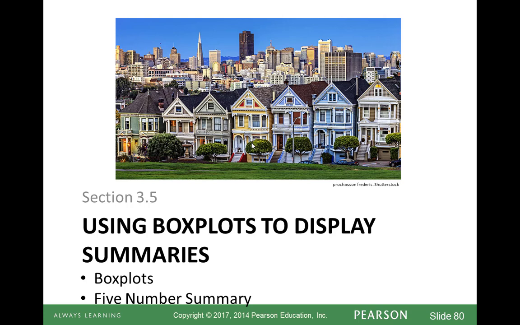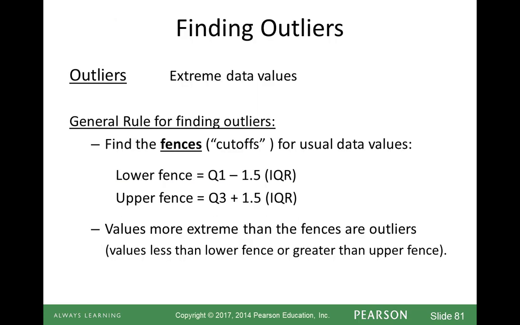Okay, let's go on to 3.5. What we're going to do is talk about outliers, and outliers are extreme data. What happens is we find the fences. What constitutes an outlier is if it lies beyond 1.5 interquartile ranges from quartile 1 and quartile 3.